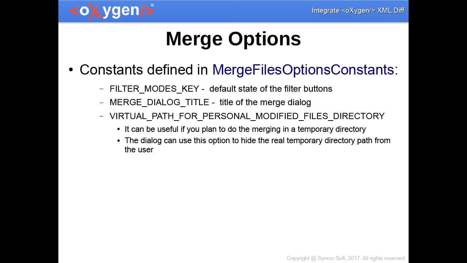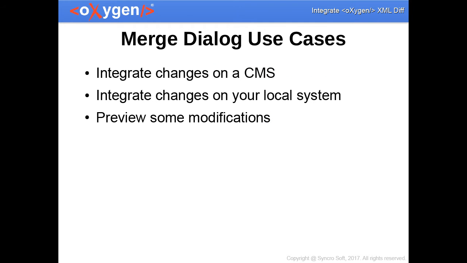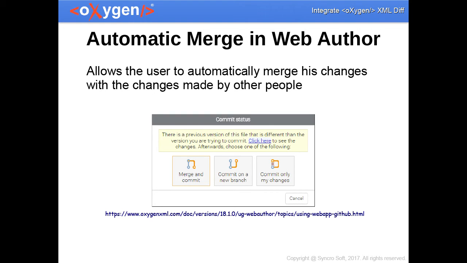And for example, as a use case, you can use this dialog to integrate changes on a CMS. Make the merging locally, and then you get the files that were modified and just update them on the CMS or on your local system. Or you can use it, for example, for a refactoring action, just to preview the files that were modified during the process. There is also an automatic merge support.